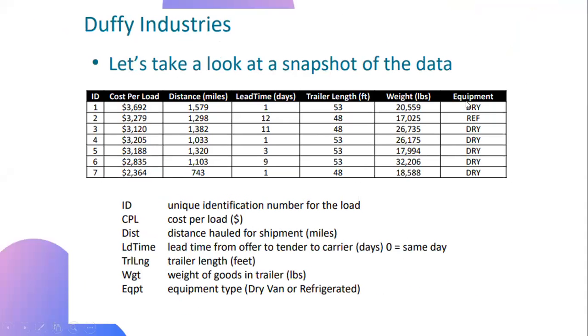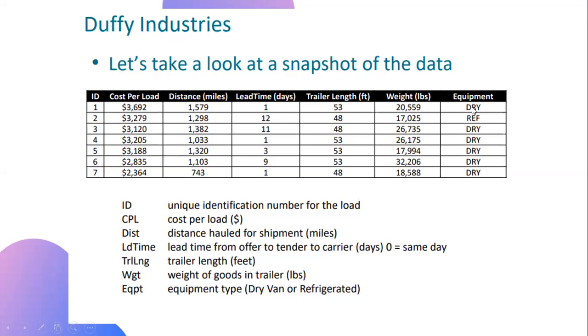So in model 4, you see, we can't run a model if we put in dry and ref in these kind of terms, these words, in the Excel model. It does not work. But what we can do is make this a dummy variable.